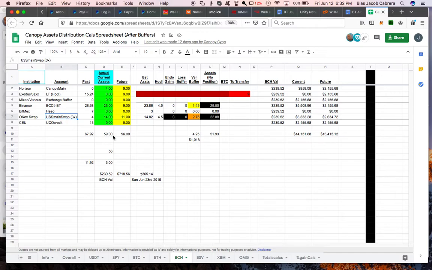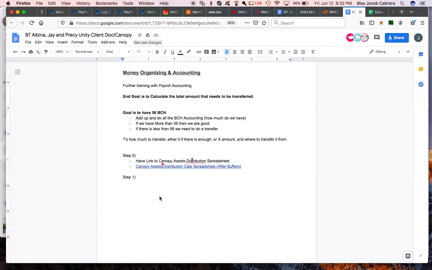But then it gets a lot more different and confusing and detailed. There are a lot of details that go into the accounting. So step 1 is basically to find the accounts and update the amount in each account, right?